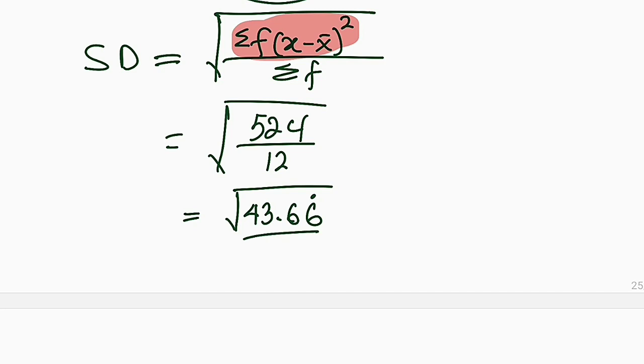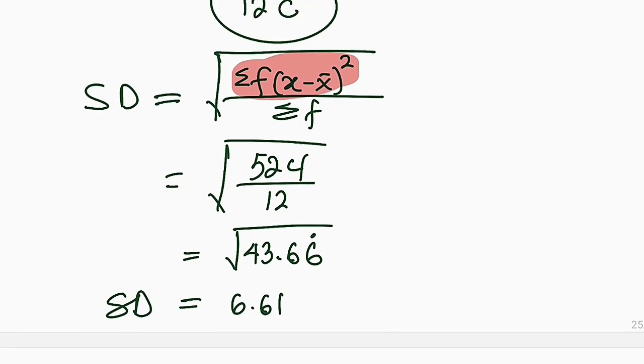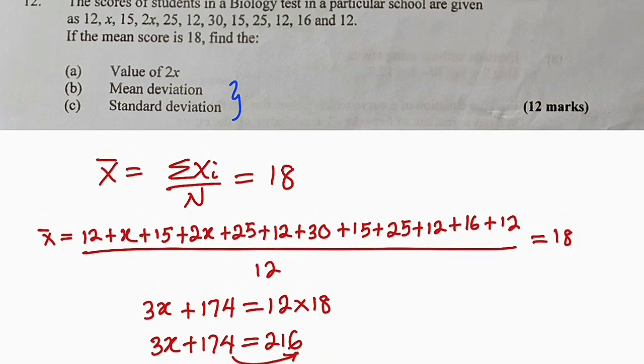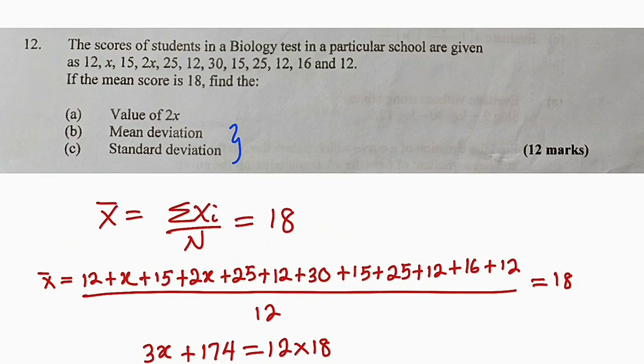And the square root of this is equal to 6.61 in 2 decimal places. So the standard deviation is 6.61. And hence we have just answered completely question number 12. And this is all about NECO 2023 Mathematics Examination essay questions.